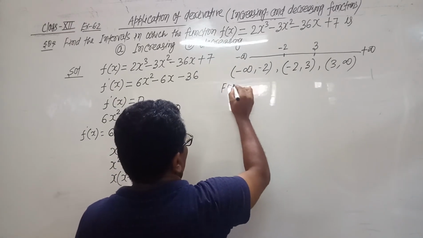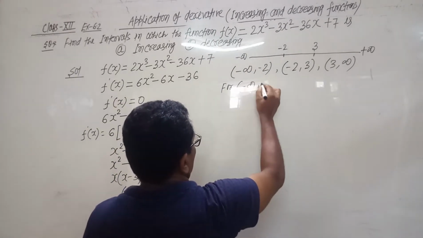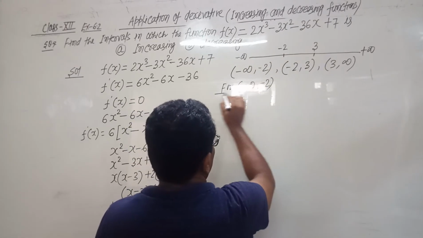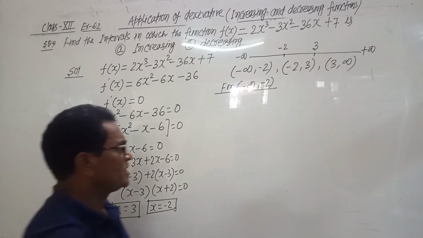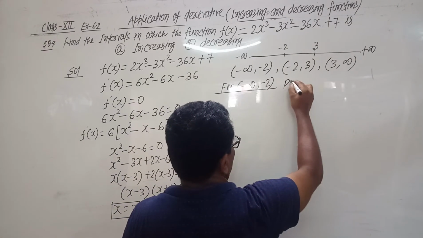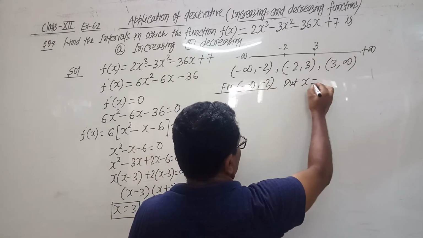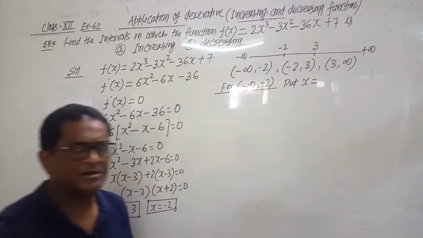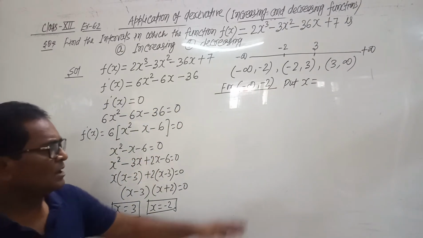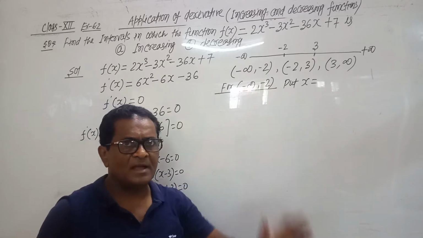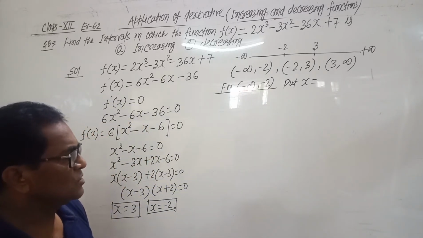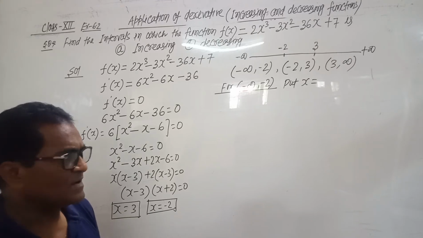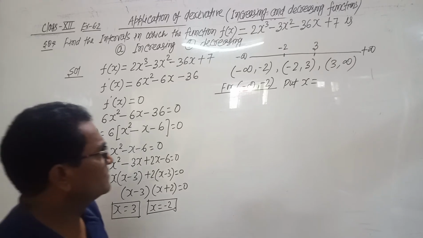So for minus infinity to -2, we have to take a value of x that lies between minus infinity and -2. So it may be -5, -4, -3.